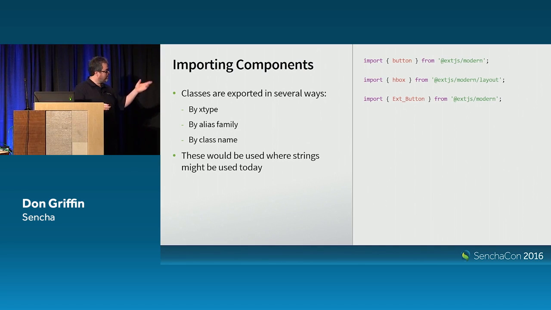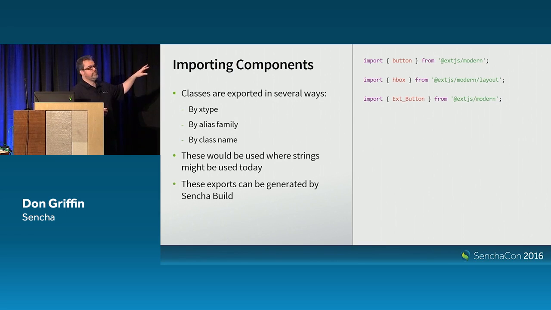And then, like I said, these can replace your strings, but these named exports by alias or by alias family, Ext, those can be built for you by scanning your code. So the Sencha build will be able to do that if you want. And that's how we'll take all of our code, take all of the names, and extract them up into an index so we don't have to maintain 1,500 exports, by name, by alias, by path, by all of that. So we'll just generate an export map with the build tools.